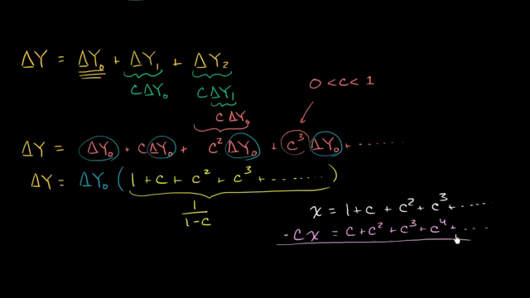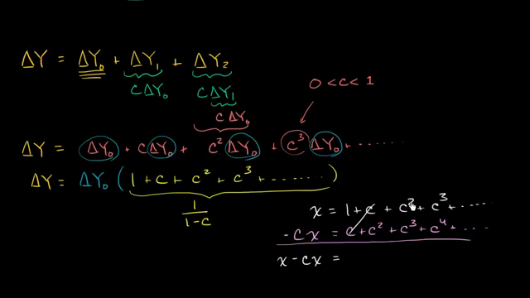If I subtract the left-hand sides, I get x minus cx on the left-hand side. And that's going to be equal to, if you subtract this stuff from that stuff over there, you'll have a c minus c, they'll cancel out.